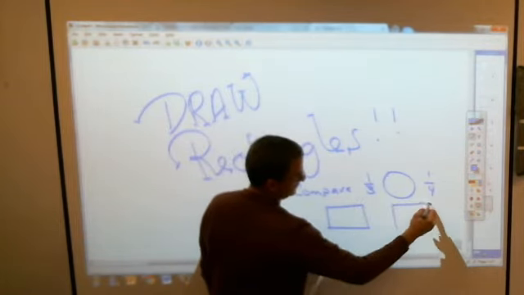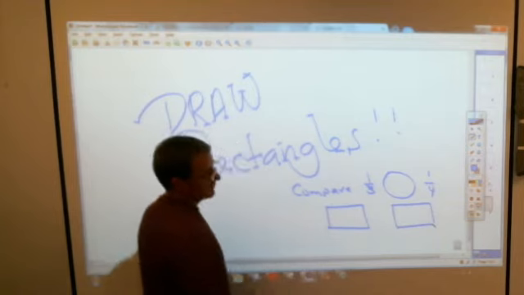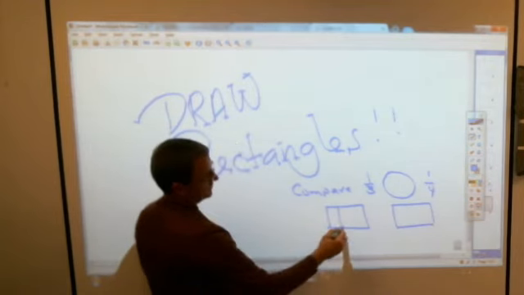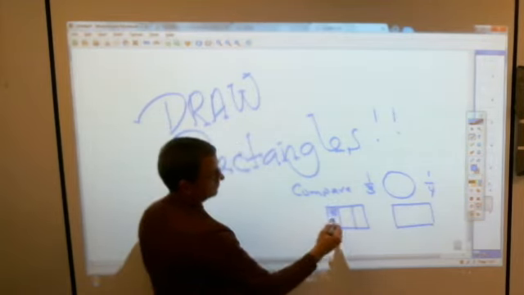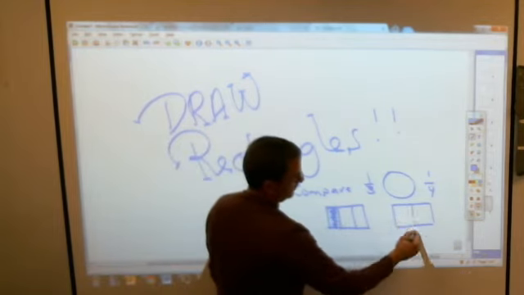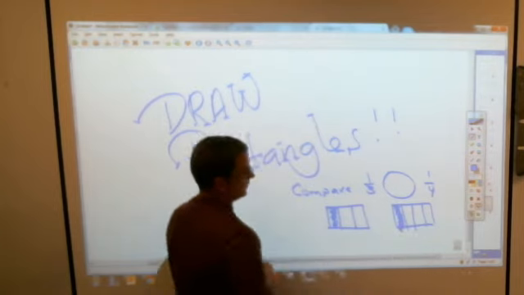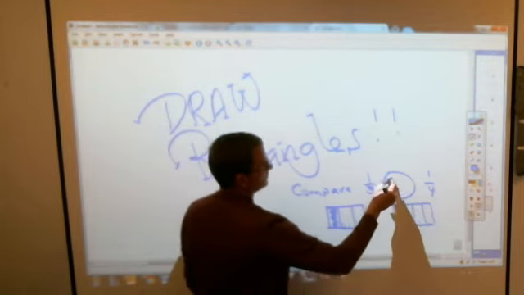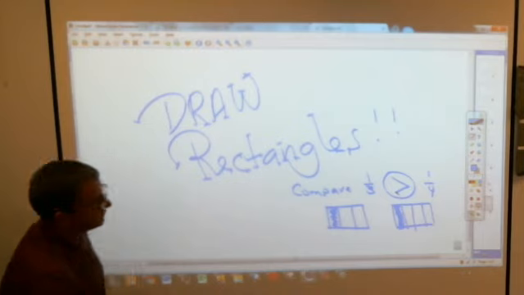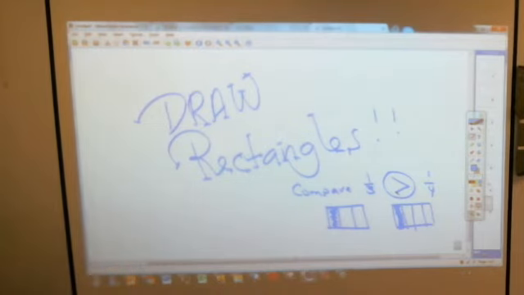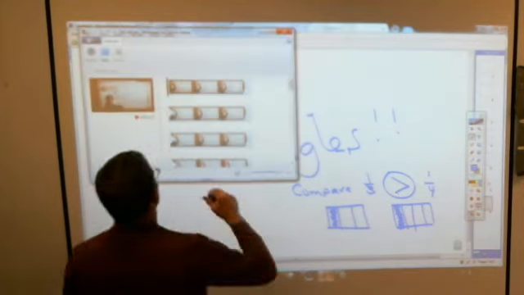Now 1/3, cut this into thirds. Here's 1/3, and 1/4. What's bigger, 1/3 or 1/4? 1/3. You're looking at how much of the shape is shaded. And I think, ladies and gentlemen, kids of all ages, I'm sure most of you already have this done.